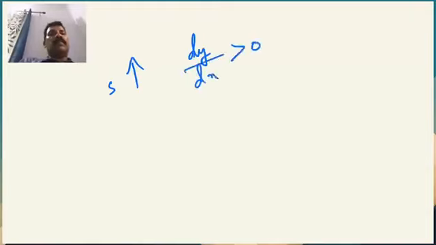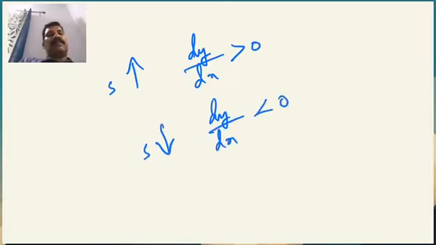And according to calculus, strictly increasing means derivative is positive, and strictly decreasing means derivative is less than 0.